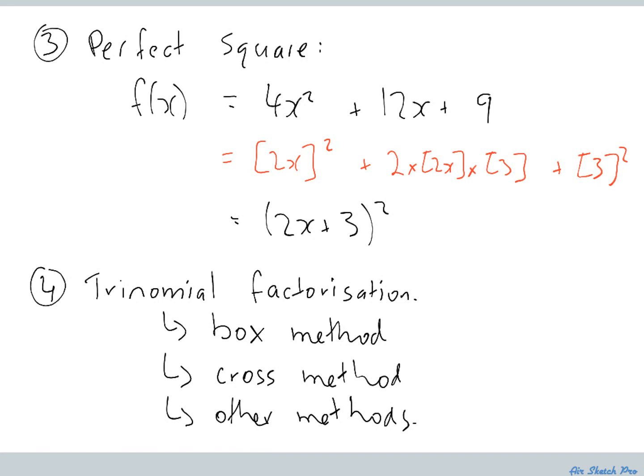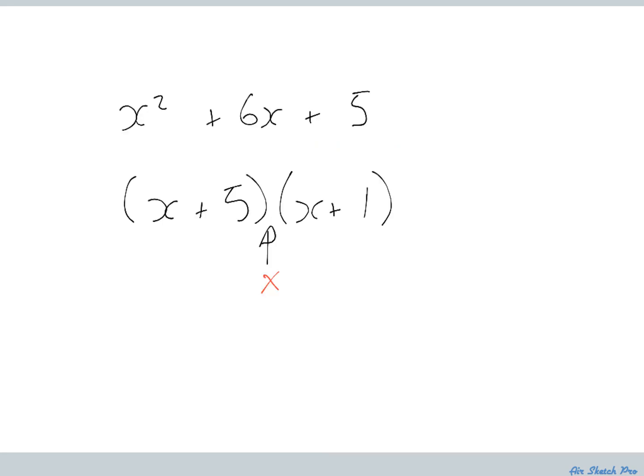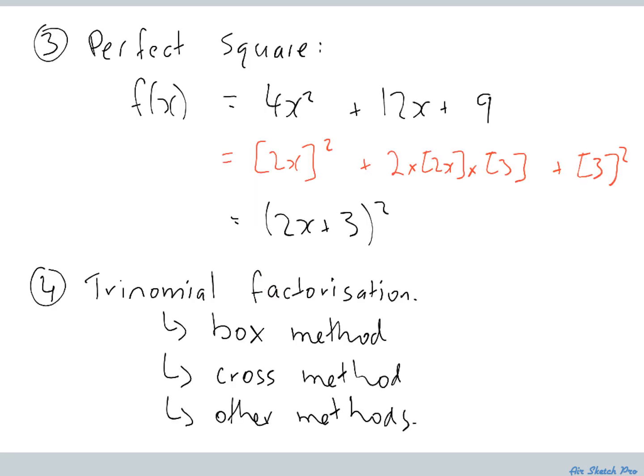And then lastly, other methods, and these other methods might depend on your confidence with them and what you need to do. So, for example, another example is the grouping method.